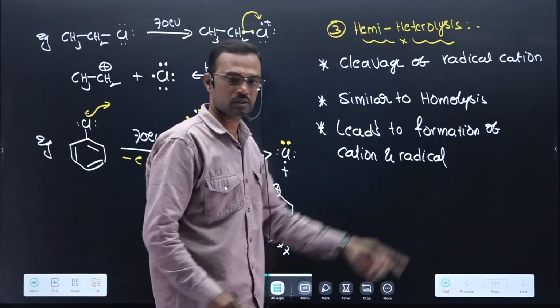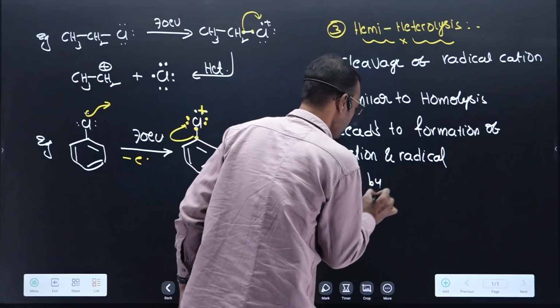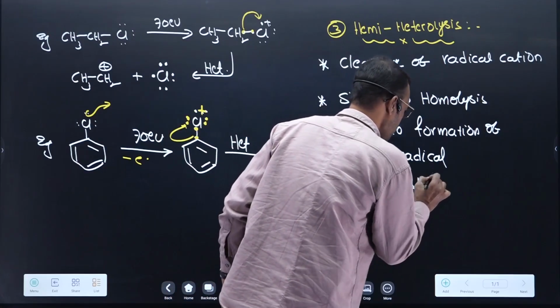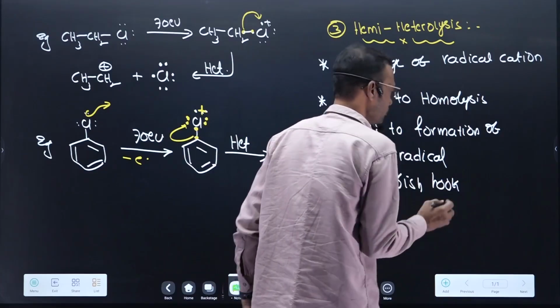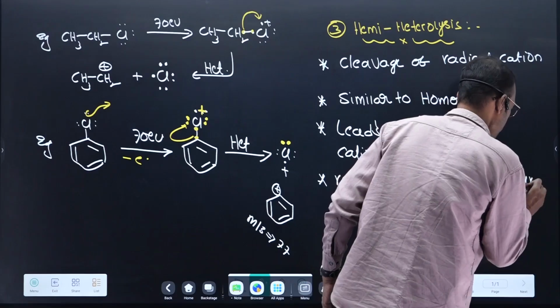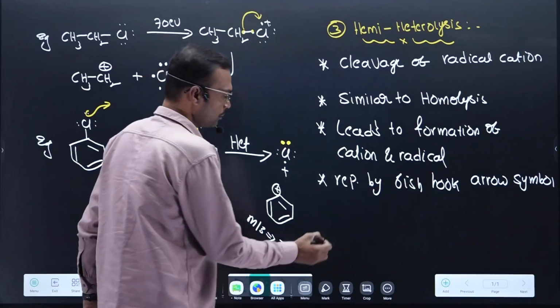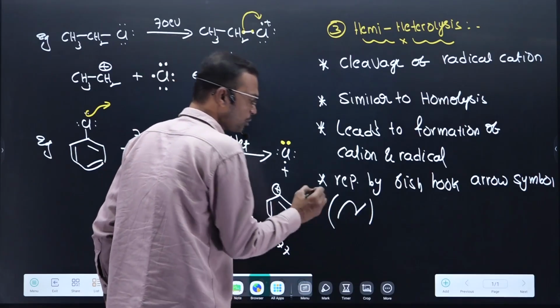It looks like homolysis, and it is also represented by the fish-hook arrow symbol. Remember these points: fish-hook arrow symbol, similar to homolytic fission only.